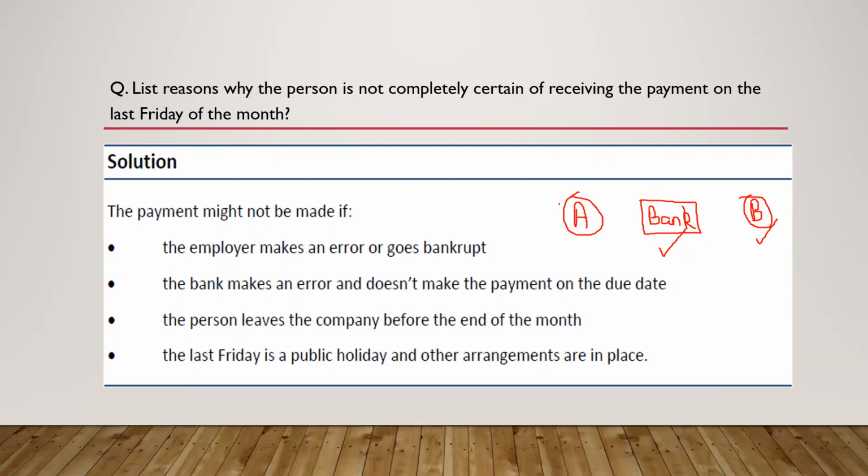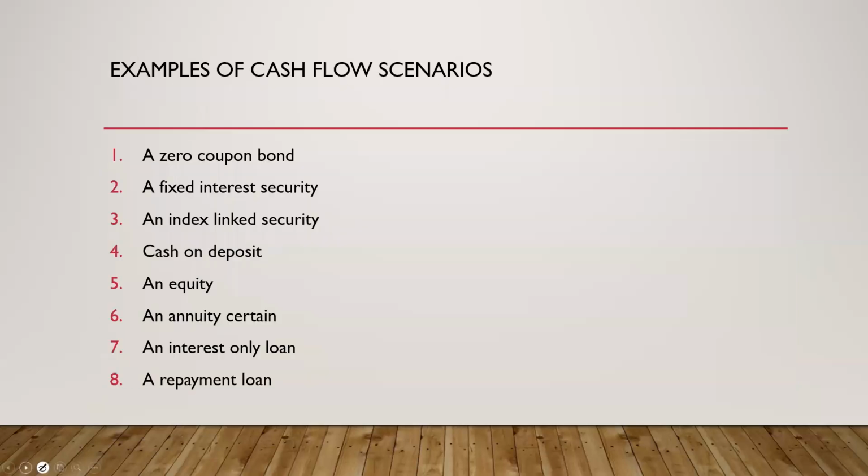And the person, that is A, who is an employee, leaves the company before the end of the month. Or the last Friday is a public holiday and other arrangements are in place. So the fourth one is nothing but the situation of the payment rather than the person doing the individual mistakes. The situation will be like a public holiday coming in between. Okay, that's the best example to explain the reasons why the payment might be delayed.